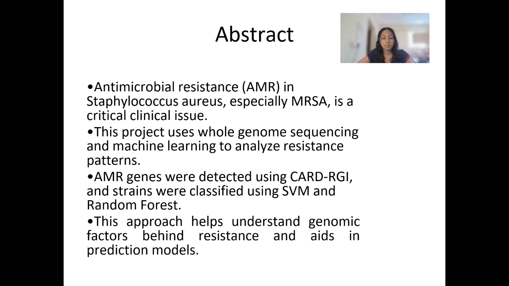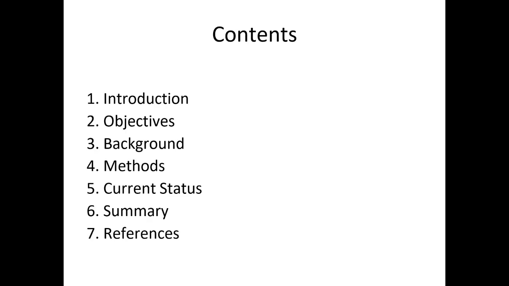I performed AMR gene detection using the CARD RGI tool, compared resistance gene profiles, and used machine learning models, specifically support vector machine (SVM) and random forest, to predict resistance patterns. The study shows how bioinformatics can make resistance detection more accurate, faster, and scalable.